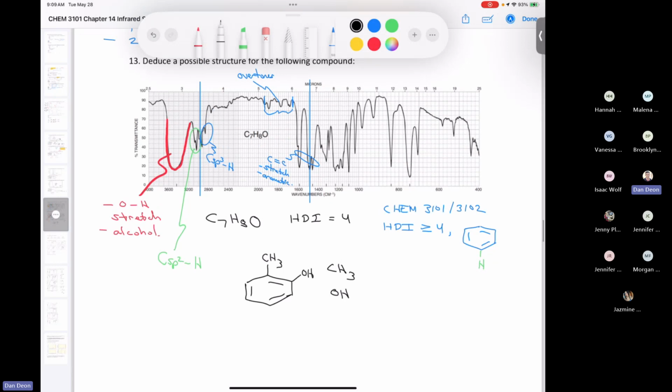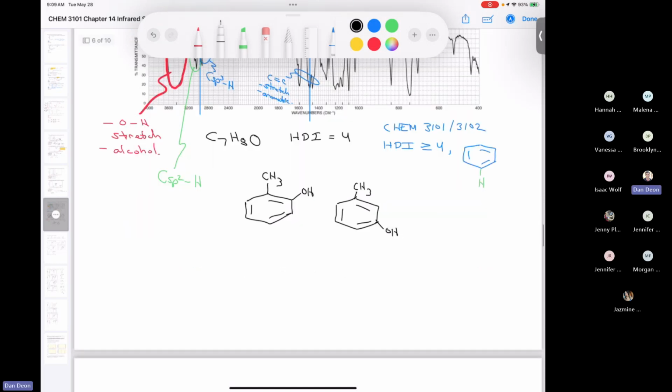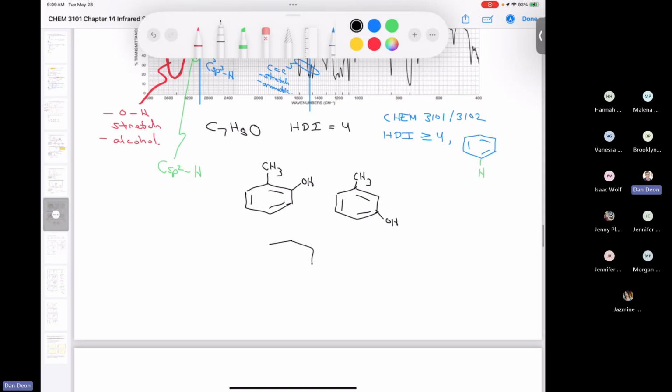Now I put them next to each other in the 1,2 position. If you put them in the 1,3 position, so if you put something like this, CH3 OH, or if you put it like this, with the methyl group at the top and the hydroxyl down at the bottom, I would accept any one of these.